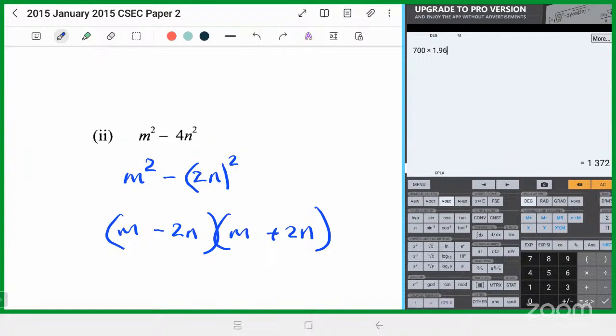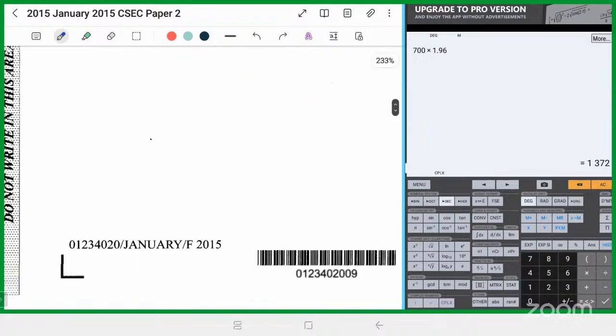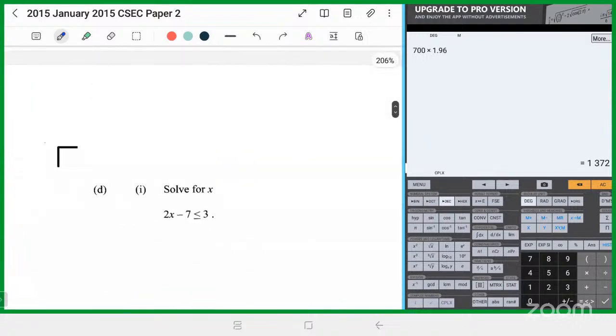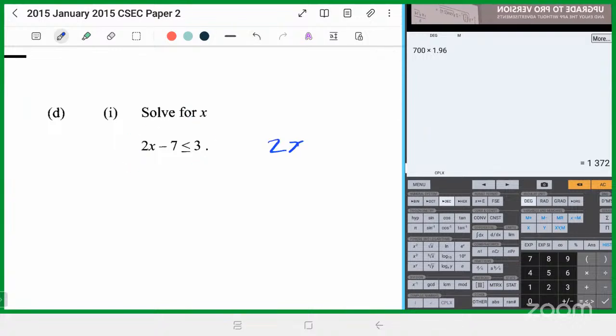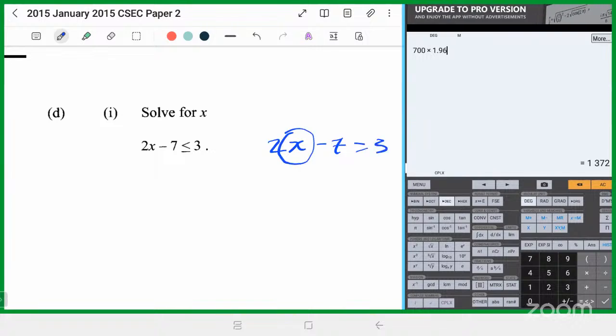All right. Is it moving along? I want us to solve this inequality. By solving this, we use the same steps as solving 2x minus 7 equals 3. Transpose everything away from the x. It's the subject. Remember, with an inequality, if you multiply or divide by a negative number, you have to reverse the inequality sign.